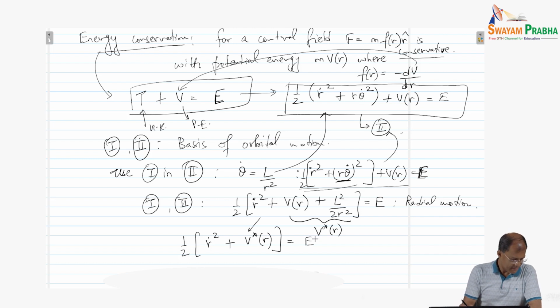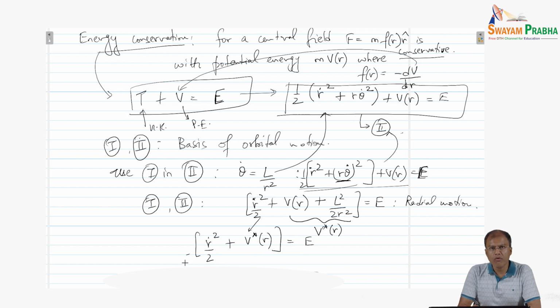There is a slight change here. Let me bring in the 2 inside. So what we have found is that r dot square by 2 plus V star(r) is E.